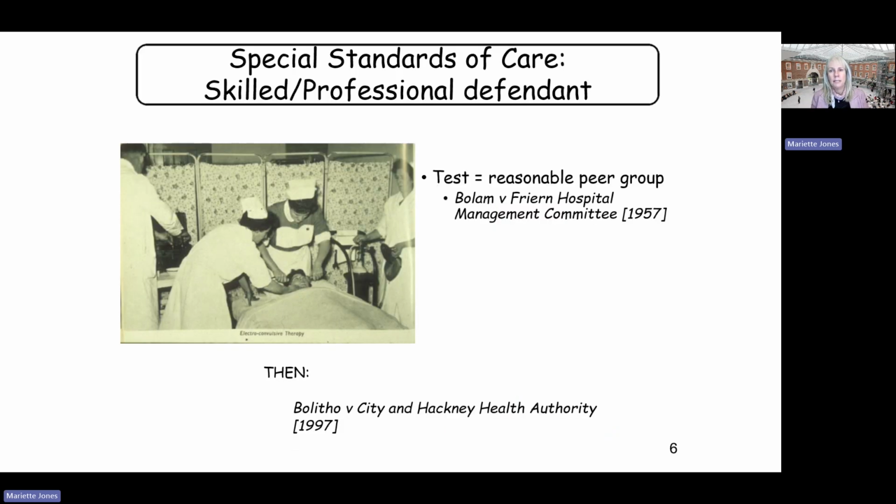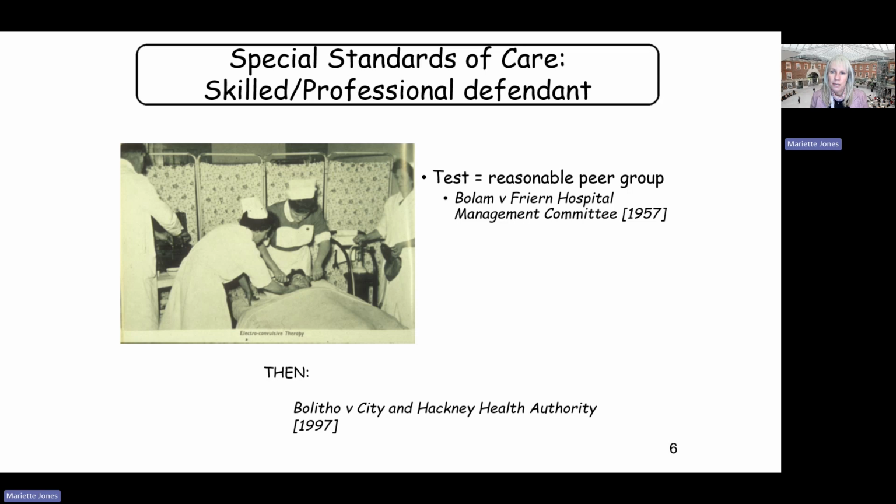Sometimes a different standard applies to skilled or professional defendants. For example, in Bolam versus Friern Hospital Management Committee, the court said that a professional is not negligent if they act in accordance with a practice that is accepted as proper by a responsible body of professionals in that field. This became known as the Bolam test.